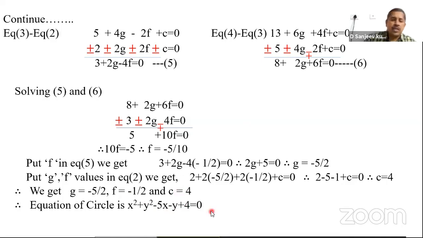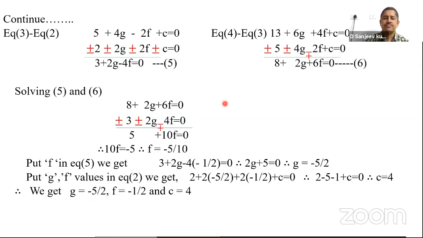The working is lengthier, but you need to practice. Once you practice it, it becomes very easy. So this is the standard procedure of solving the equation of a circle when 3 points are given.